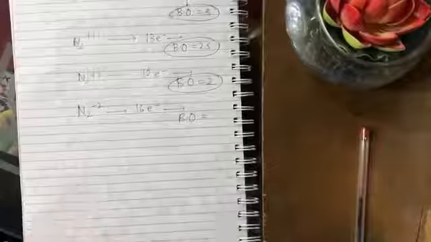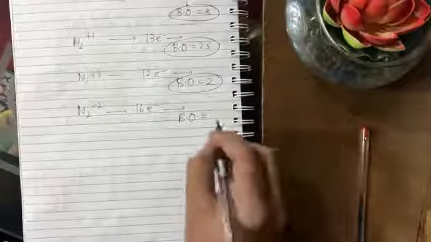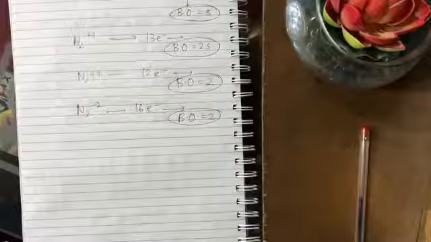Similarly for N2 minus 2, 16 electrons. Remember, we are measuring with respect to the 14 electron species because that has the maximum bond order, 3. For 16 electrons, its bond order will be, any guesses? 2, because we have increased the number of electrons by 2 with respect to 14.